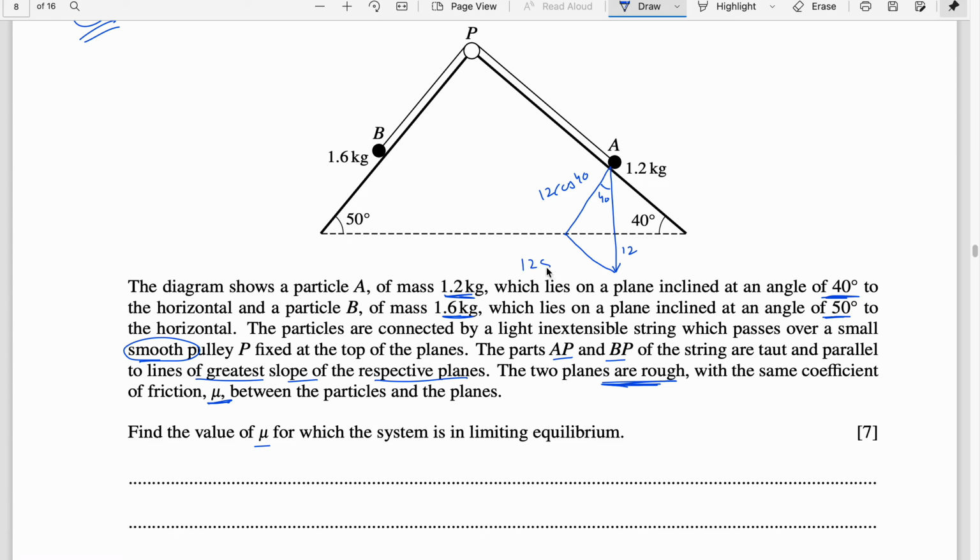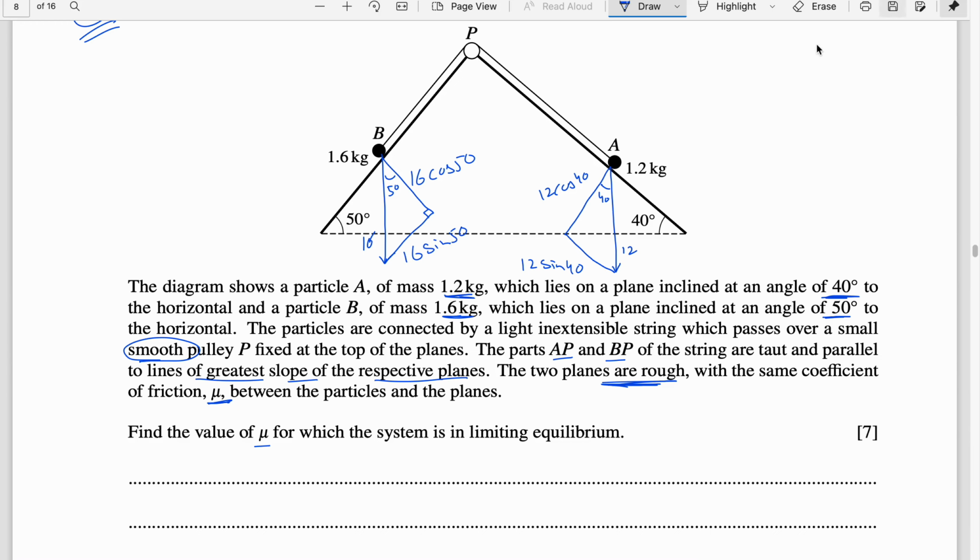This is 12 sine of 40. For B, weight is 16 newtons, and we resolve these two. This angle is 50, this is 90, so this is 16 cos of 50 and this is 16 sine of 50.